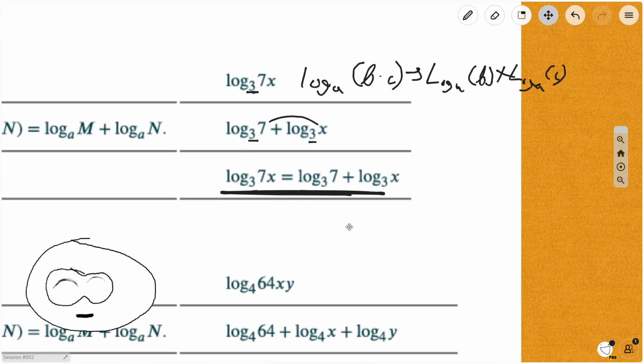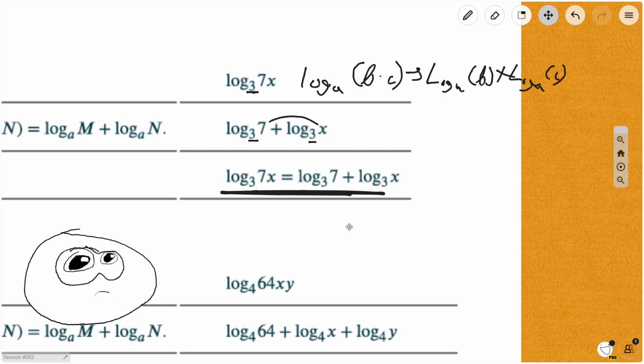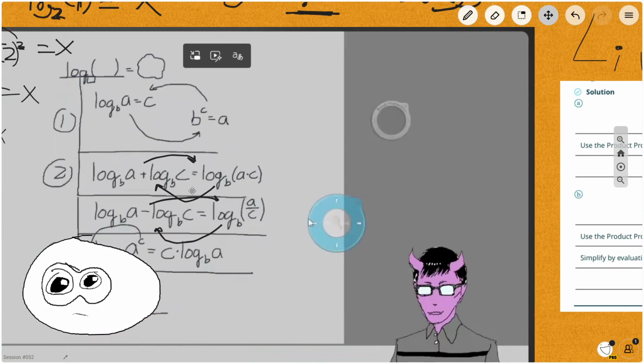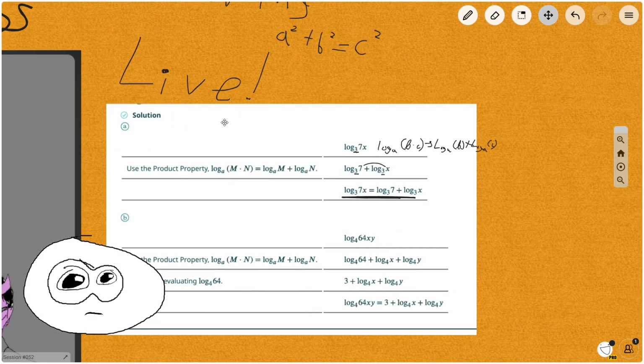Not really. I mean, kind of. Let me think. I should be able to apply that equal a. Yeah, kind of.